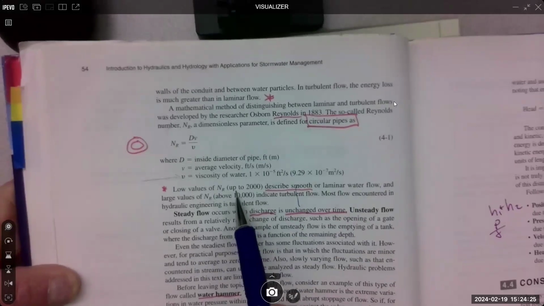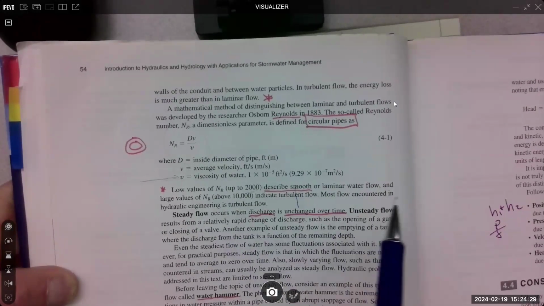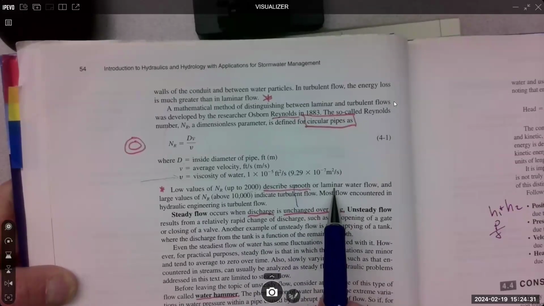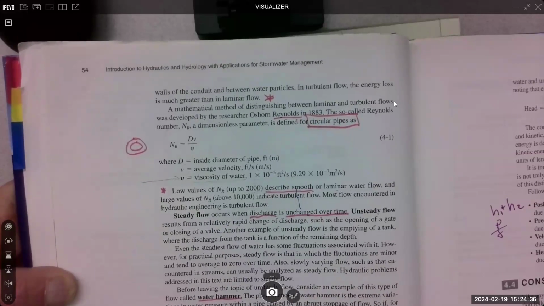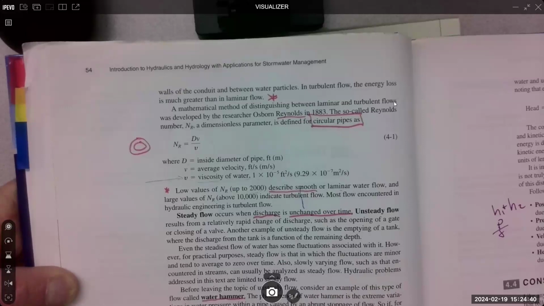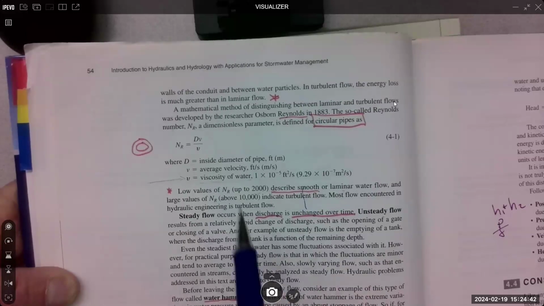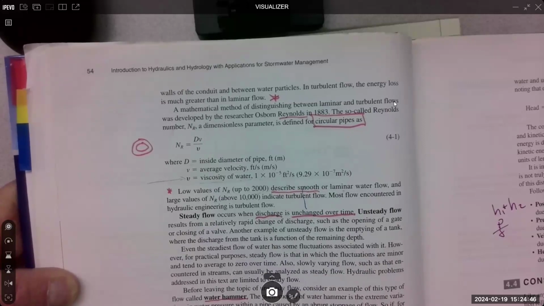If you have values up to 2000, so under 2000, those are typically going to be smooth or laminar water flow. And again, using the viscosity of water. If you're going to do oil or antifreeze or some other kind of fluid, air, then you're going to use the viscosity of that material, right?